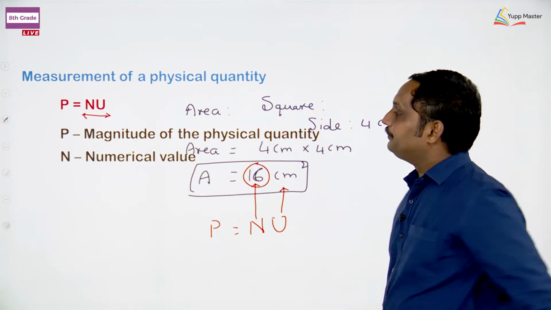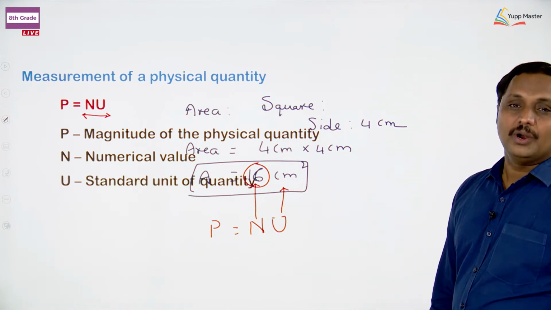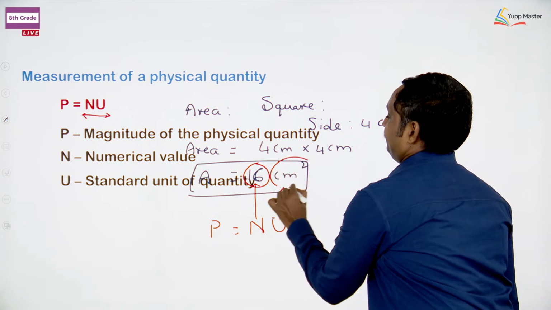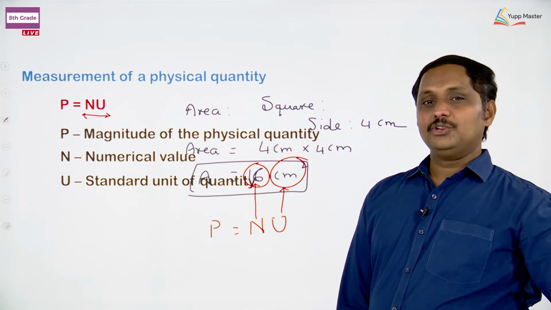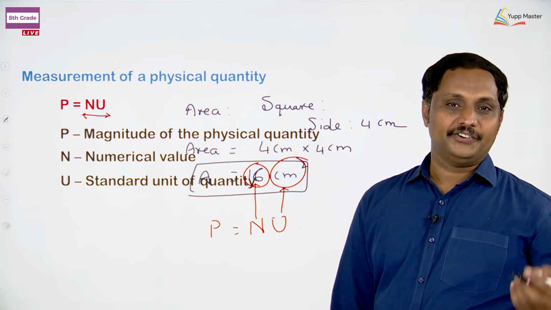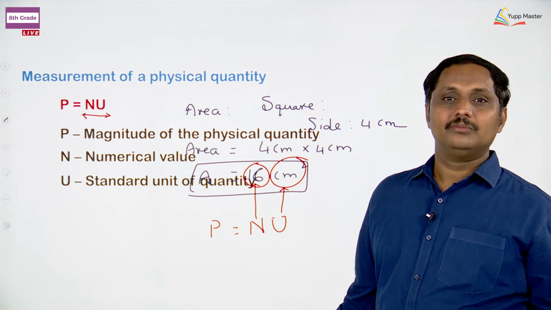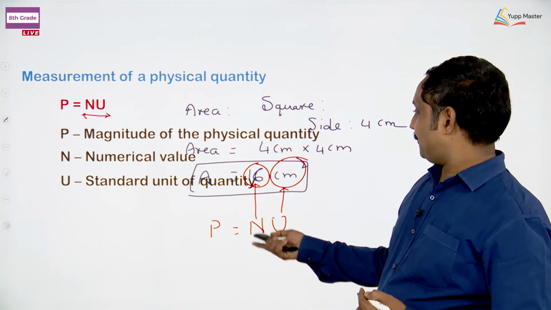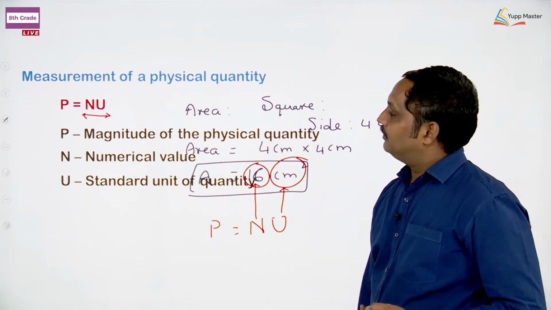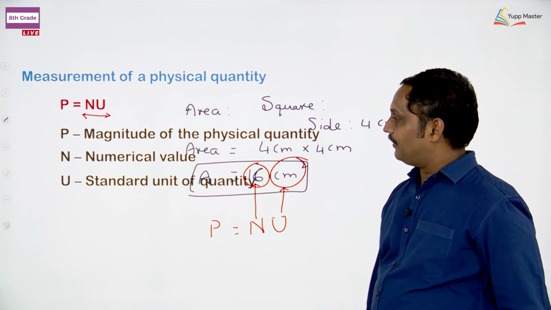What is U? A standard unit of the quantity, centimeter square. If you take the height of a pillar, it is 100 centimeter. 100 is a numerical value, the unit is centimeter. Magnitude is going to be expressed in terms of this equation.